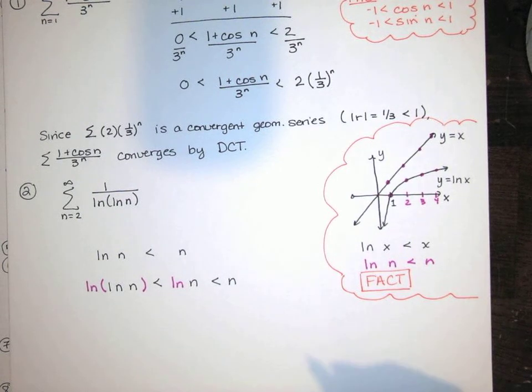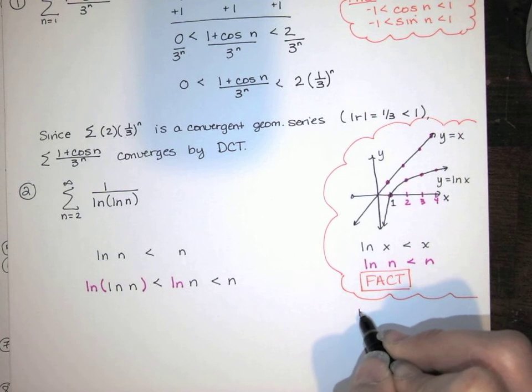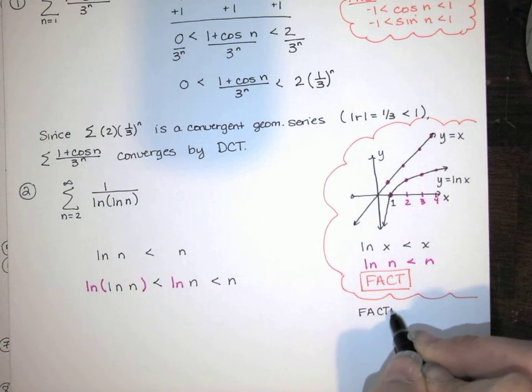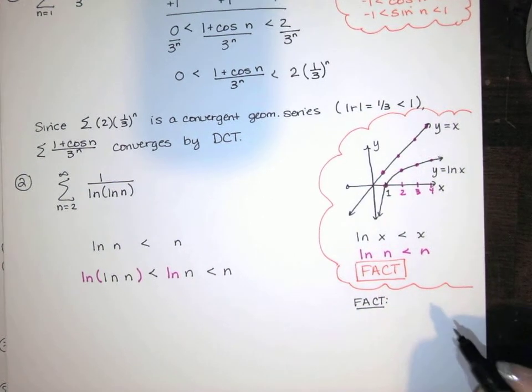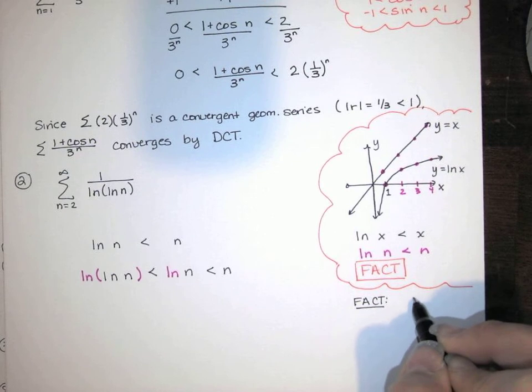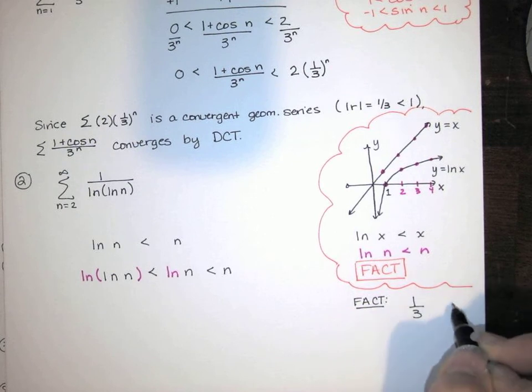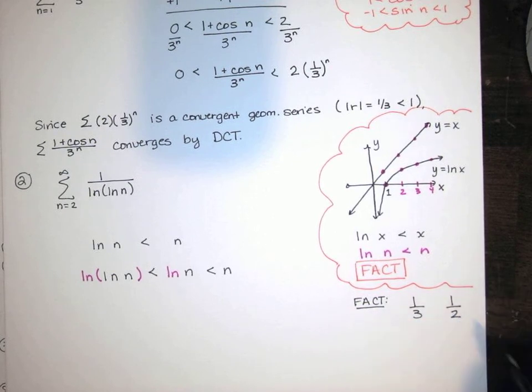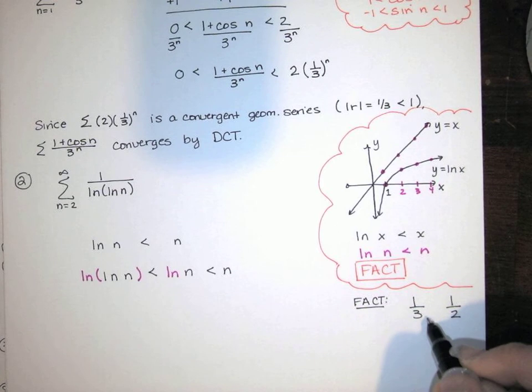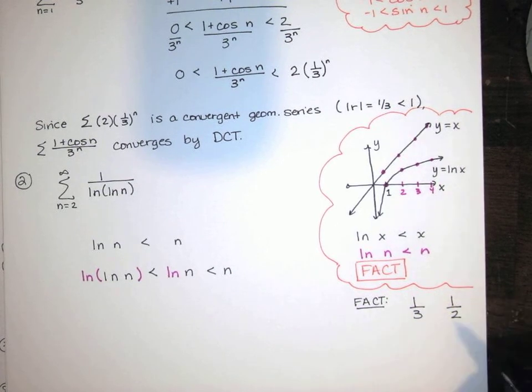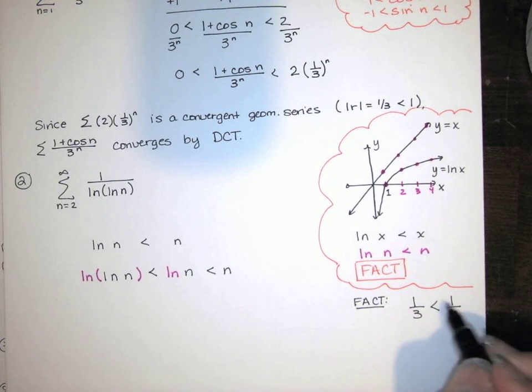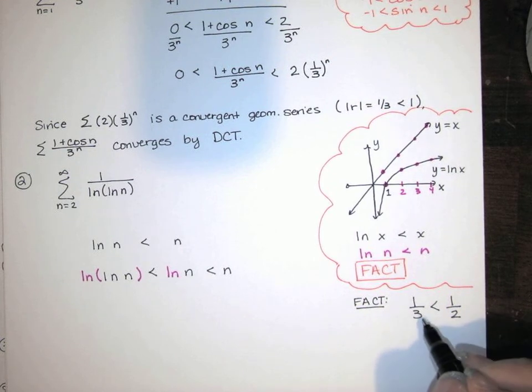And here's another fact, one that we've used many times before. If the numerators are the same but the denominators are larger, so let's say you're just comparing 1/3 and 1/2: if I take 1 and divide it into 3 pieces, that's going to be smaller than if I take 1 and divide it into 2 pieces. So provided the numerators are the same, if you have a larger denominator, the fraction is smaller.